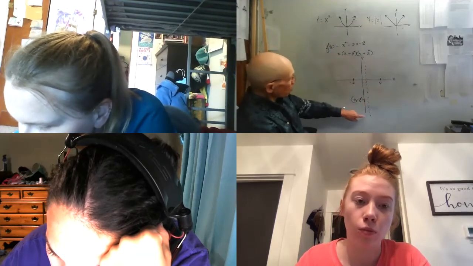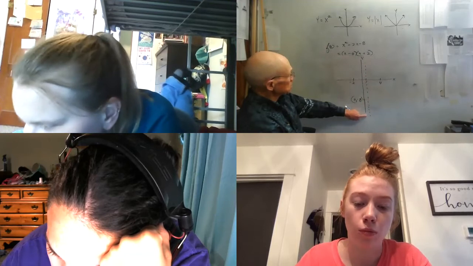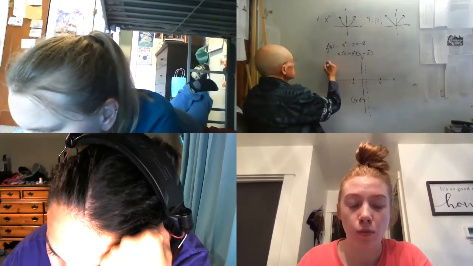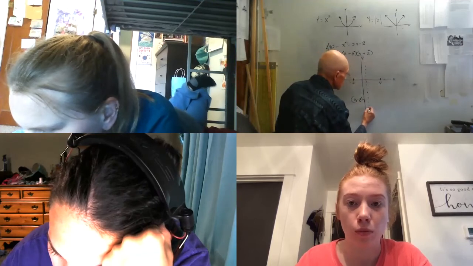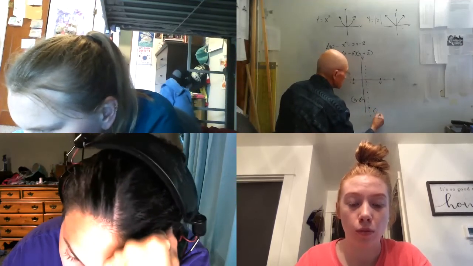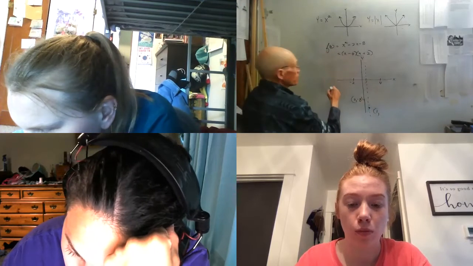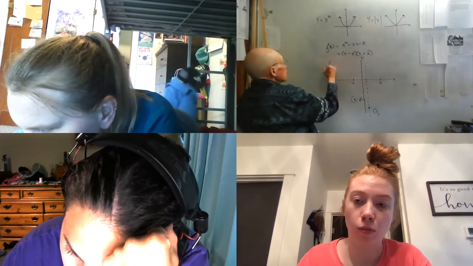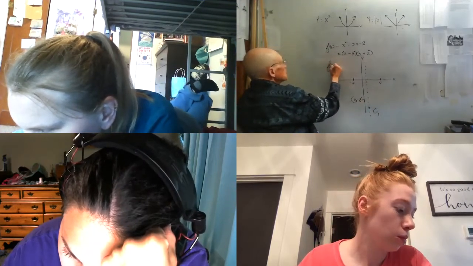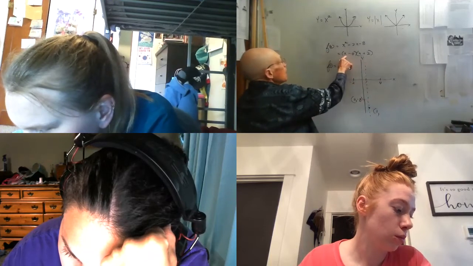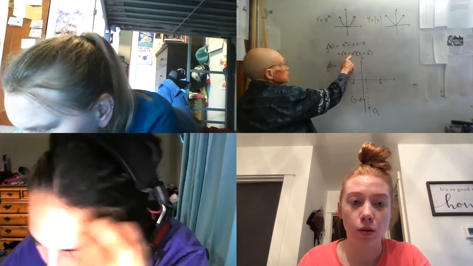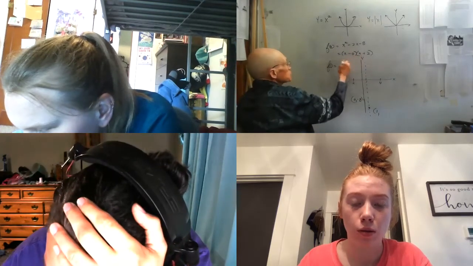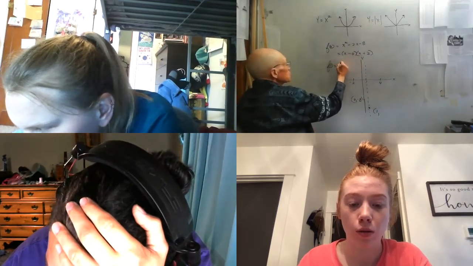Well, to find out what the y value is, we'll let x be 1. So f of 1 equals, replacing x with 1, we get a -3 times 3. I get -9, don't you?